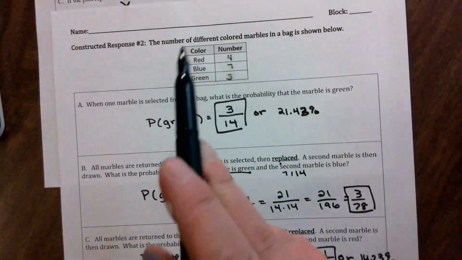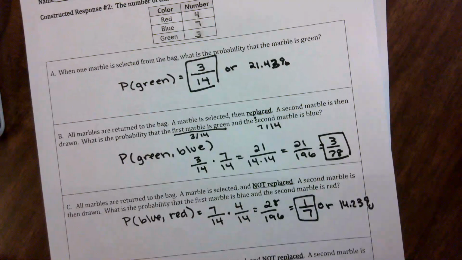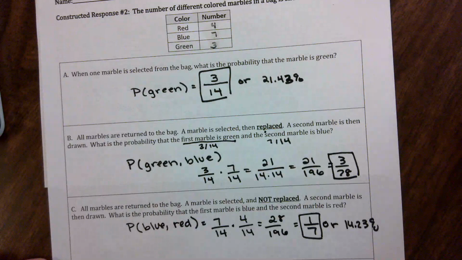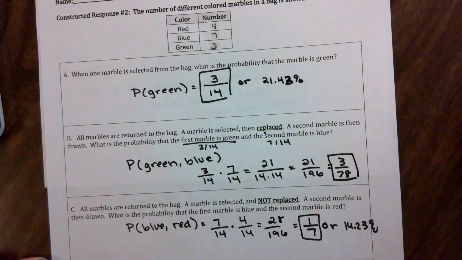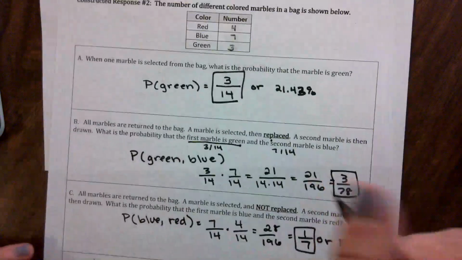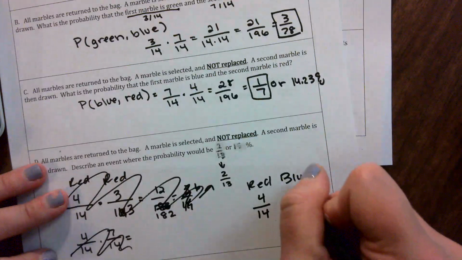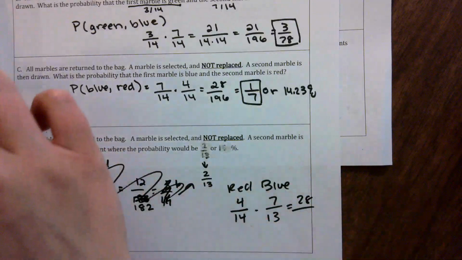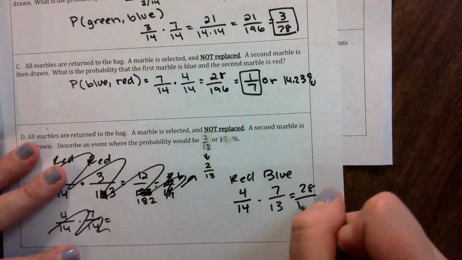All right, so let's try red and then blue. So red is 4 out of 14. And then getting a blue would be 7 out of 13 because we're not replacing it. So that's 28 out of 182.